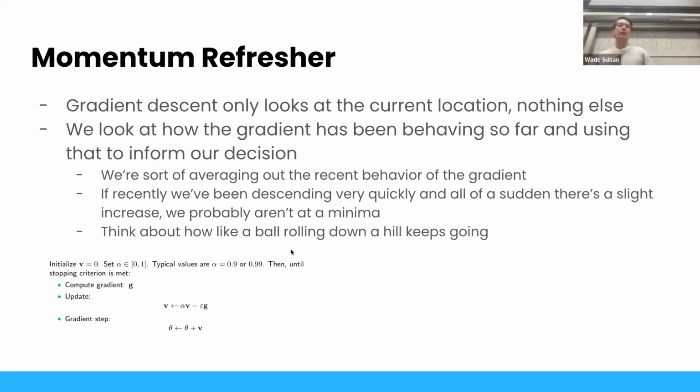So the reason why we set it to a value less than 1, like 0.9 or 0.99, is to essentially have a form of exponential decay. Because if you think about it, at this current time, we are taking our current momentum and multiplying it by 0.9, so it's 90% of what it was before. And then the momentum before that, we took 90% of that, and 90% of 90% is all of a sudden 81%.